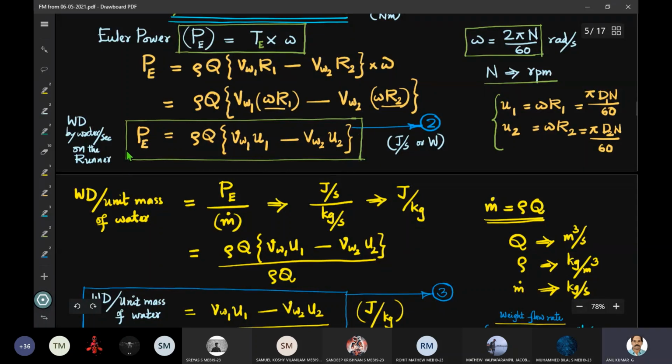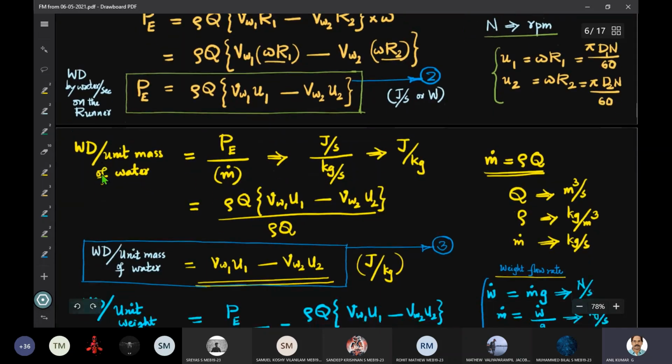So P_E is equal to rho Q into (VW1 U1 minus VW2 U2), and this is the power equation, or work done by the fluid per second on the runner. If it is a hydraulic turbine, it is work done by water per second on the runner.